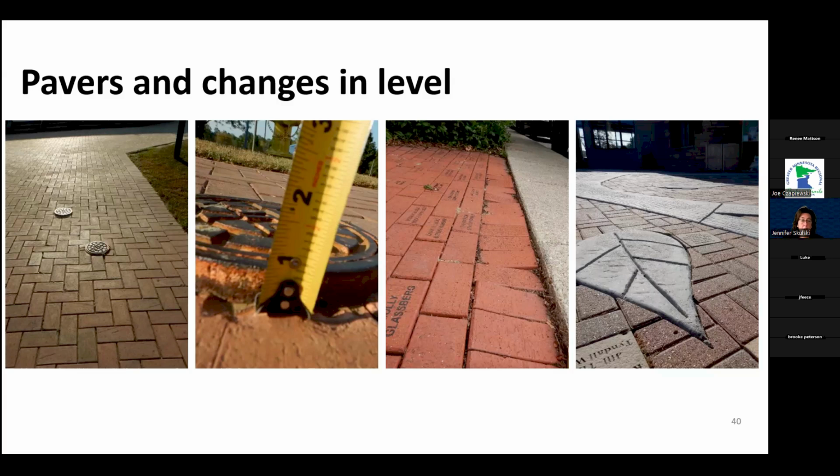So if you're dead set on using pavers, you really have to plan for every 7 to 10 years that you're going to go in, pull them all out, level them, and reinstall them.